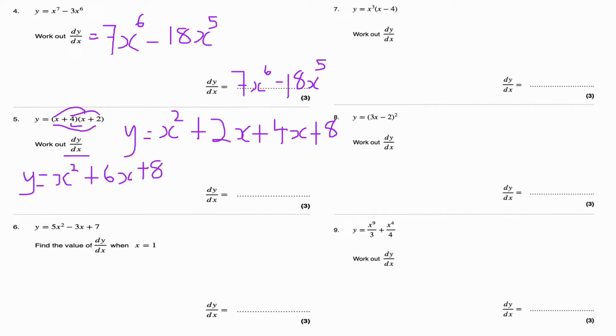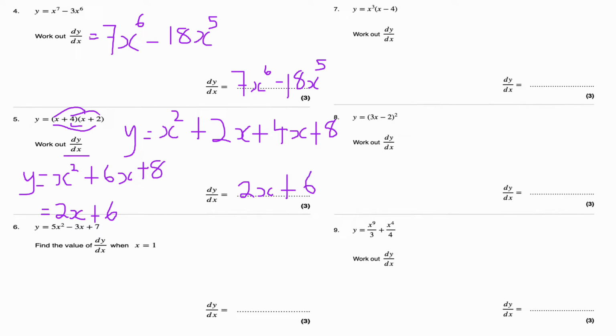Now differentiating this, dy by dx, well, x squared goes to 2x, the power comes down as a multiplier, and the power comes down by 1. 6x just goes to 6, and then positive 8 differentiates to 0, so the answer is dy by dx is 2x plus 6, guys.